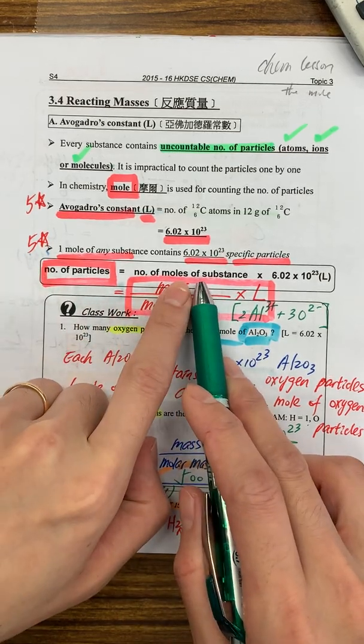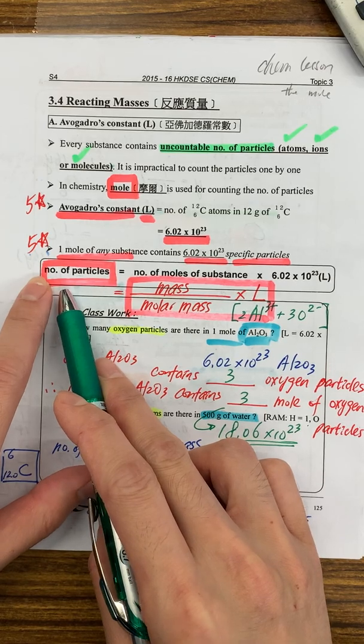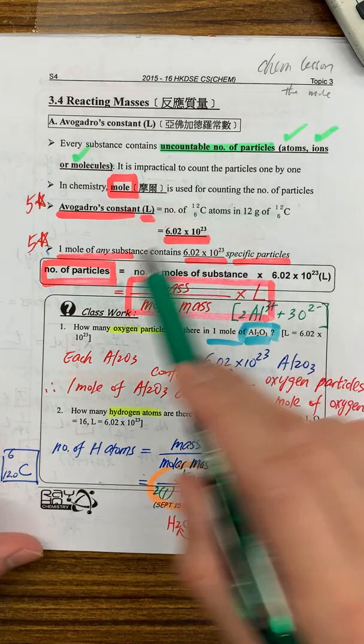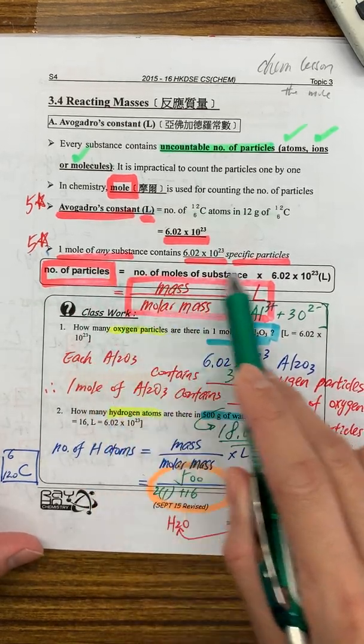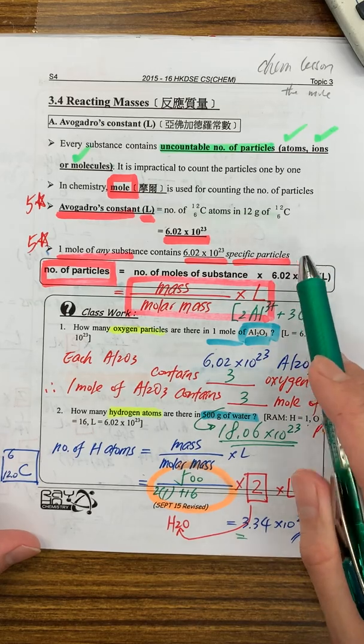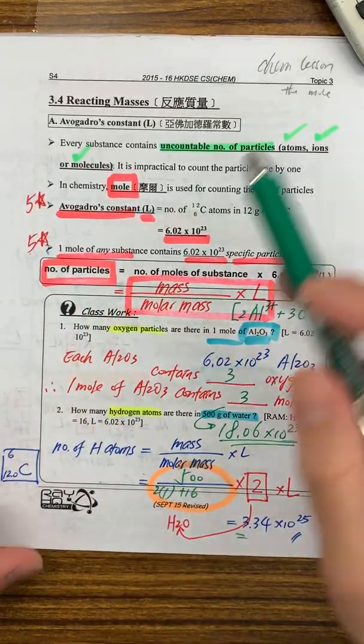How about 3 mole? 18.06 times 10 to the power 23. Easy, right? Now this relationship is common sense, but I forgot to let you know, put a 5-star here, important concept.